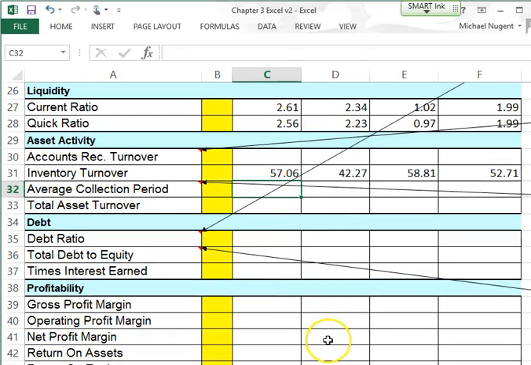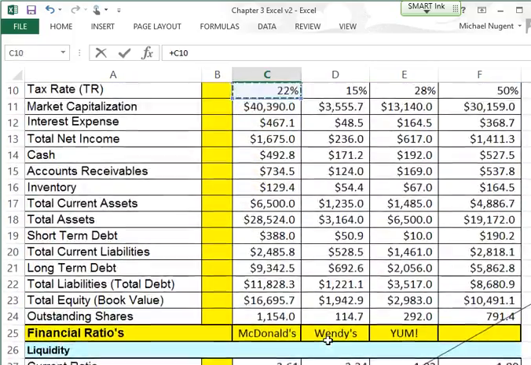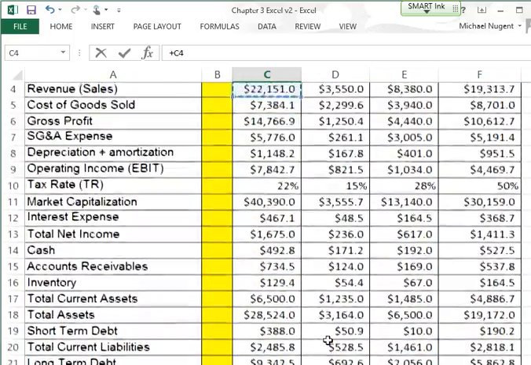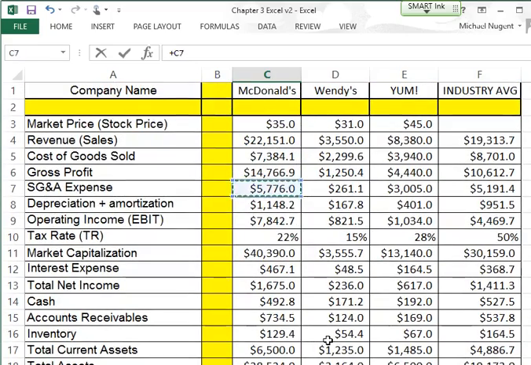So again, I'm going to start with accounts receivable, and I'm going to divide by sales, the revenue, and then divide by 365.